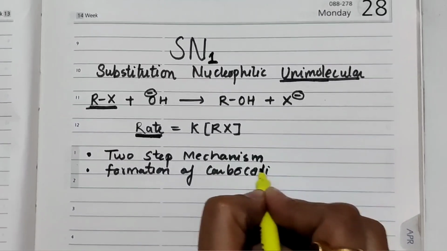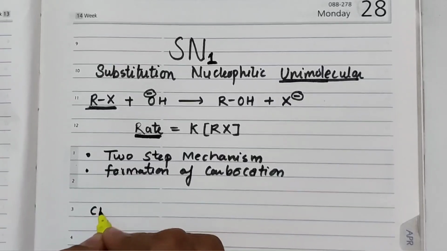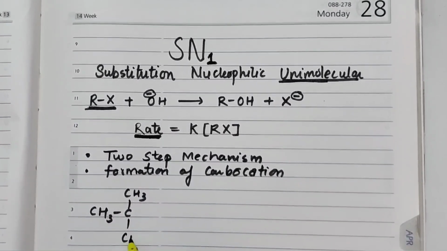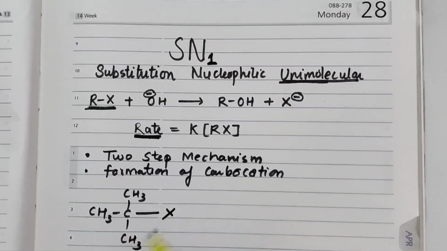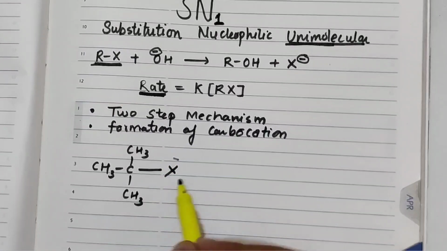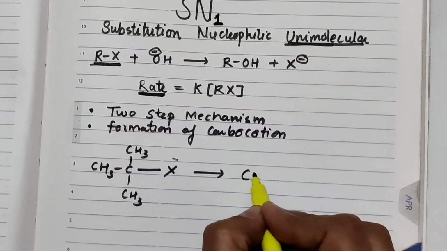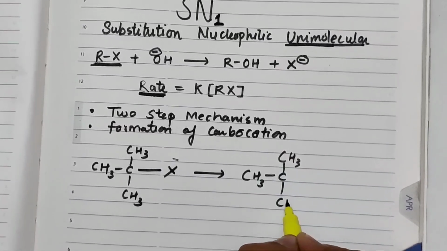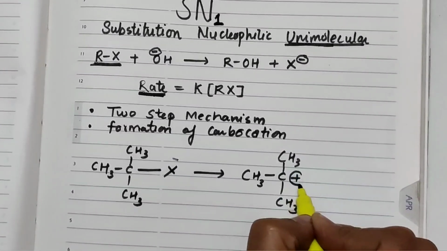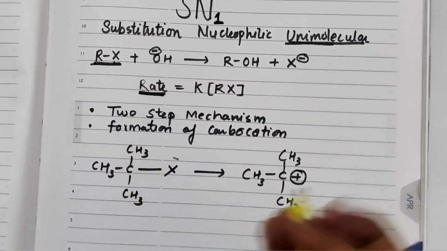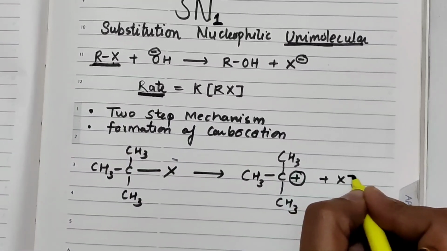For example, if I am discussing an alkyl halide like this, the first step is the release of this part, and it forms a carbocation. So this is the first step, the formation of carbocation. Here it is RX, where R is this part and X minus is released.